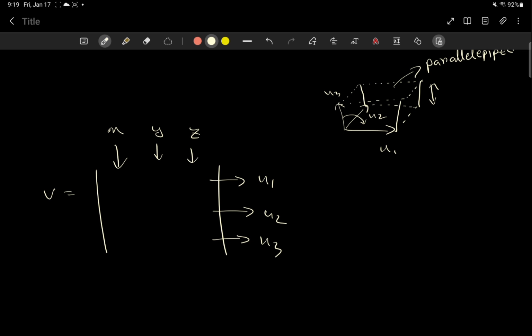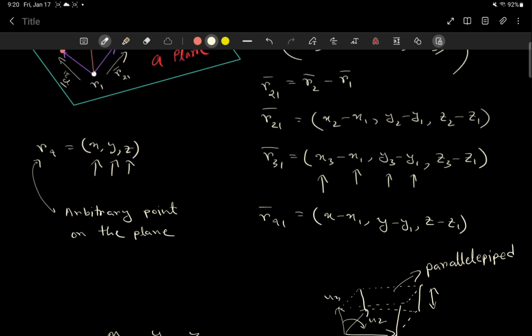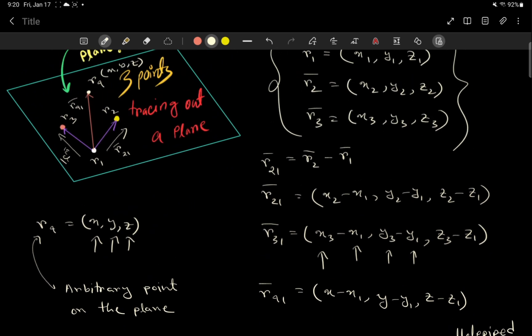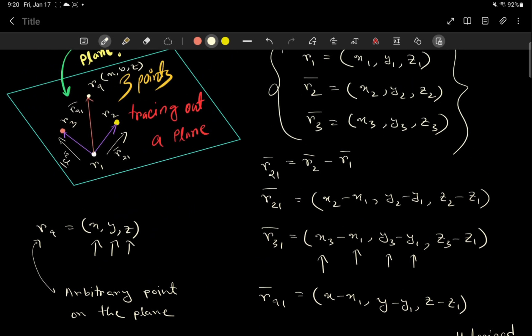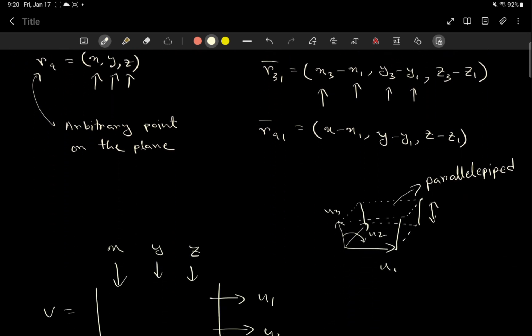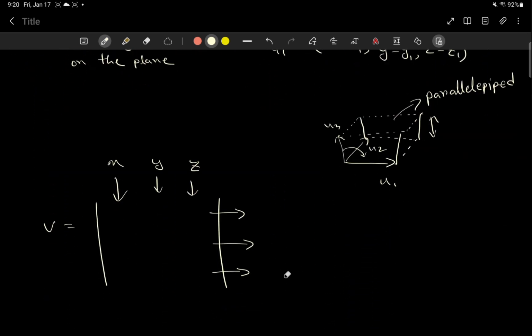So we can do that to get the volume of this parallelepiped, but we are not trying to see the volume of the u1, u2 and u3 parallelepiped. What we are really trying to seek is R21, R31, R41. What is the volume that they make?